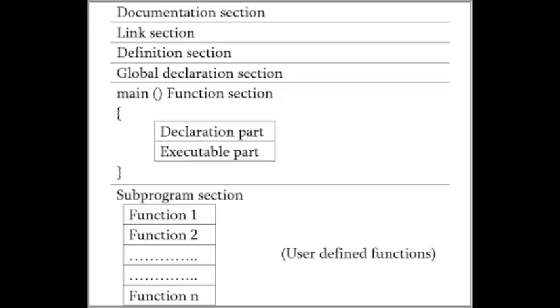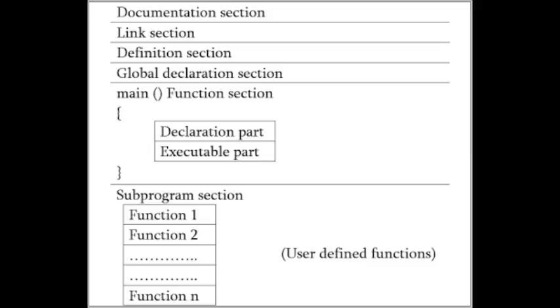This is also optional, where functions can be created and processed by the user. The main function is responsible for handling all the operations in our C program, and the rest of the parts are used as secondary parts of the C program.